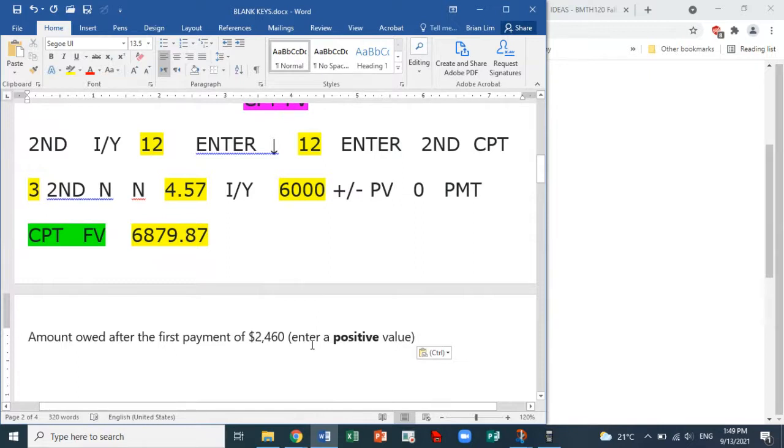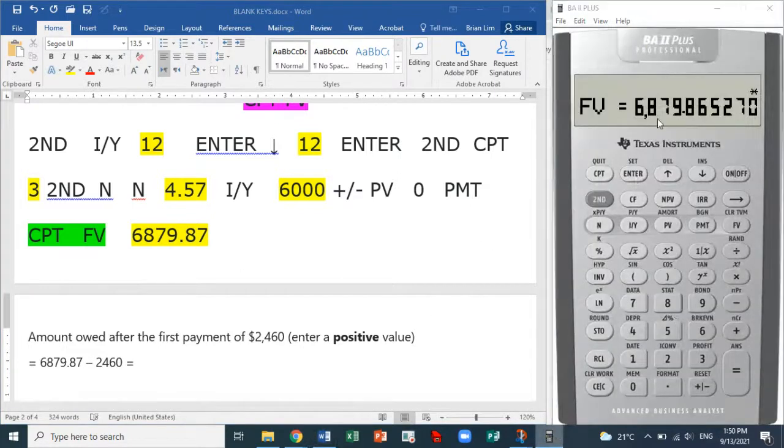Okay, amount owed after the first payment. So that would be equal to 6879.87 minus, what else? What do we put? Minus how much? How much was paid? 2460. And that would give us an answer.